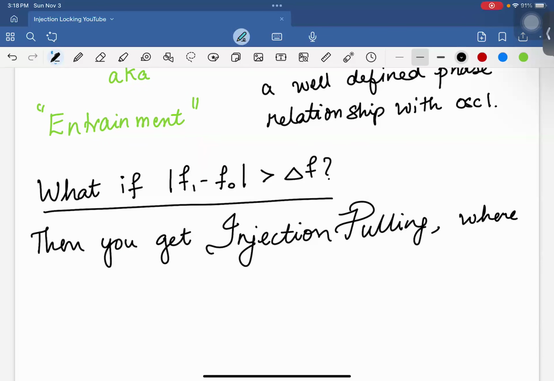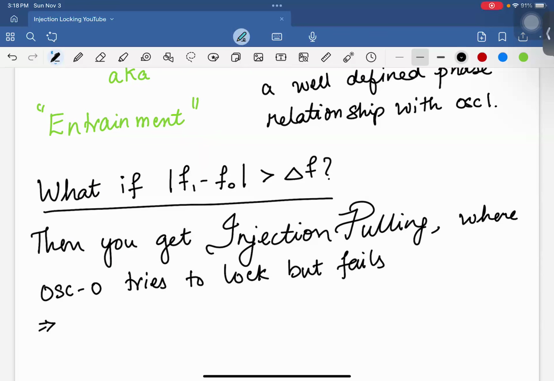Here oscillator 0 tries to lock. It tries to make the right phase condition so that it is locked, but fails. And if you look at it in the frequency domain, the spectrum gets spread out, or you could also think of it as getting corrupted.